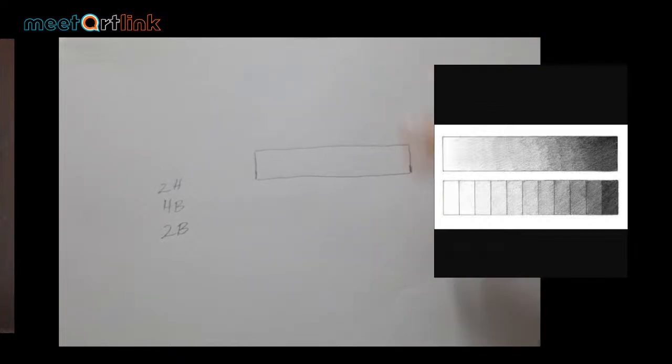I want to tell you a little bit about how to use the pencil. And there's different ways. This is something that everyone can agree that people can have their own preferences.